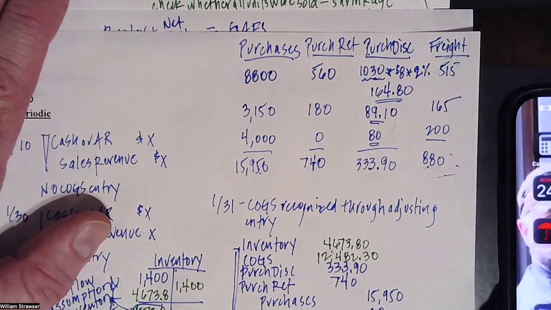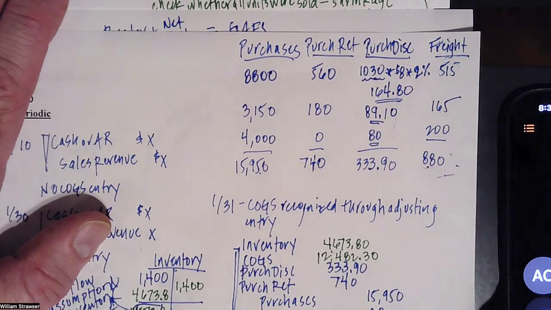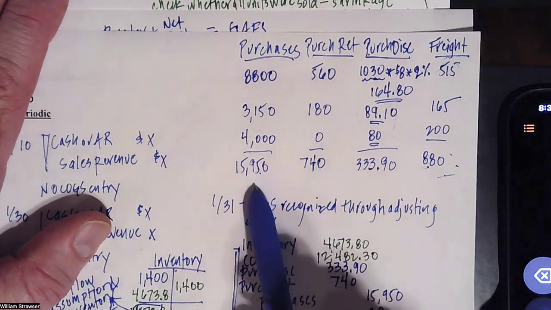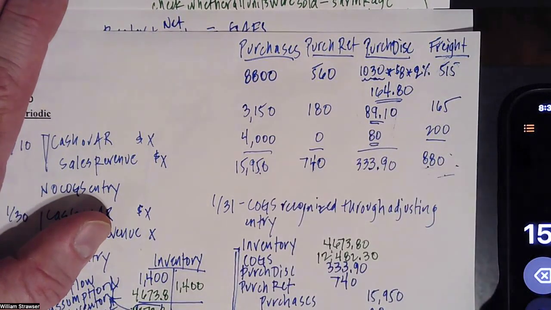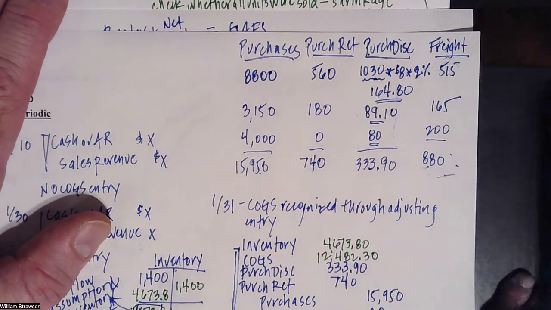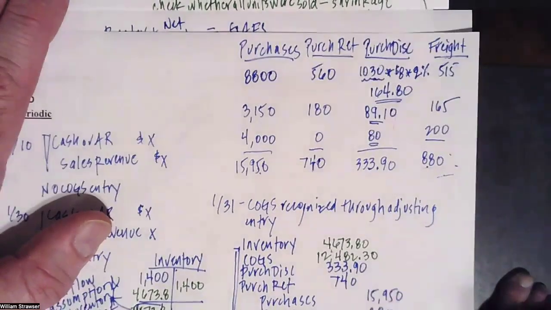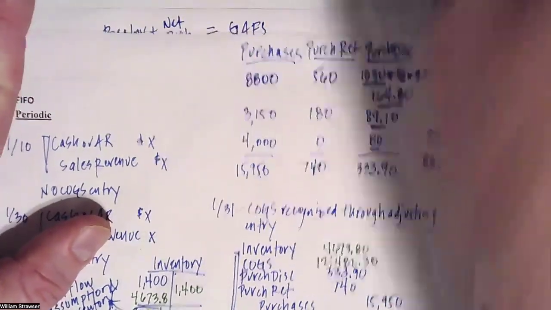So I'm going to go ahead and calculate the net purchases from this. We have 15,950. That's an adjunct account. We're going to add 880. That's my other adjunct account. Then subtract 740, subtract 333.90. And in total, I have 15,756 and 10 cents.